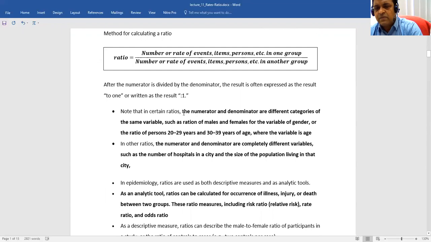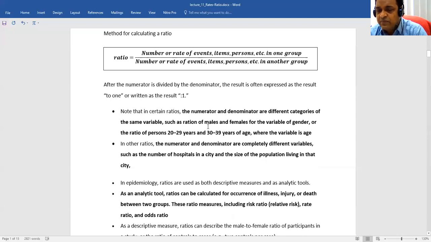There are several types of ratio, as I told already. So let us go into detail. The numerator and denominator are different categories of the same variable. So the variable is the same, but the category is different. Suppose we want to compare males to females. Here the same variable is gender.